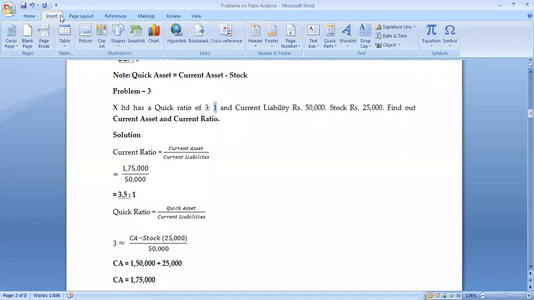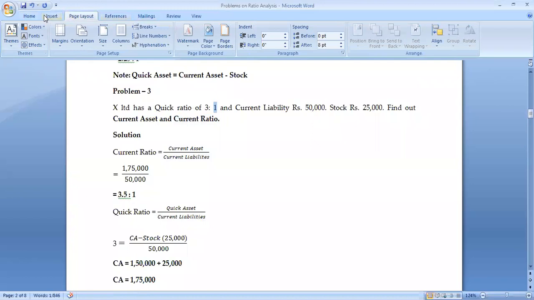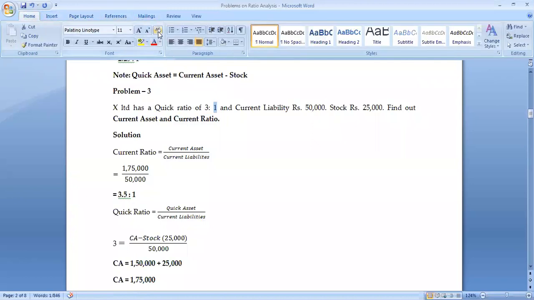So here, see, 1 is indicating the liability, and 3 is indicating the assets.